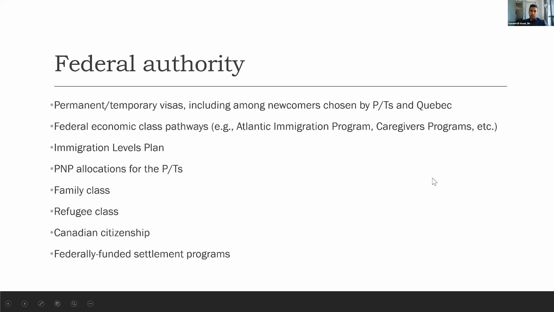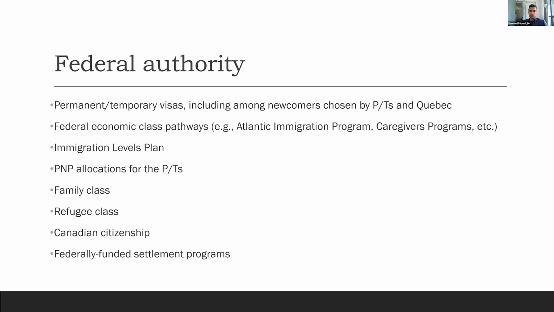Now, in terms of how the immigration system works today, as I noted at the outset, under the Constitution, the federal government has the upper hand in terms of managing the immigration system. Even when it comes to Quebec, only the federal government has the ability to either accept someone's application to enter Canada or to reject them.